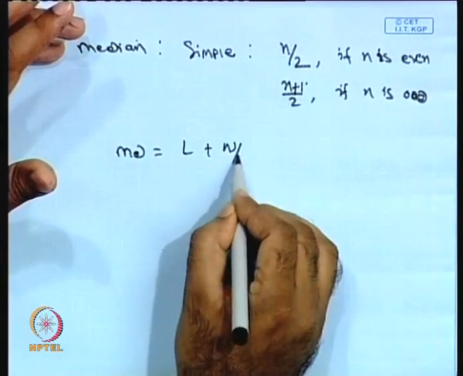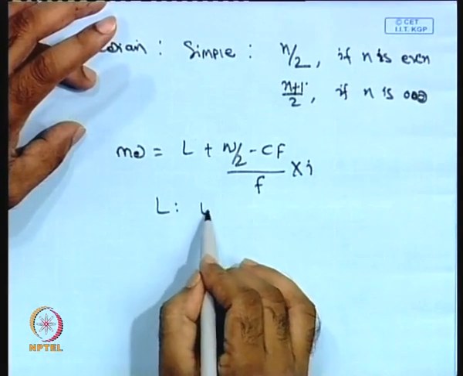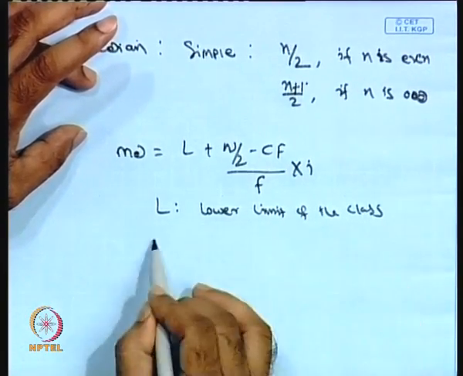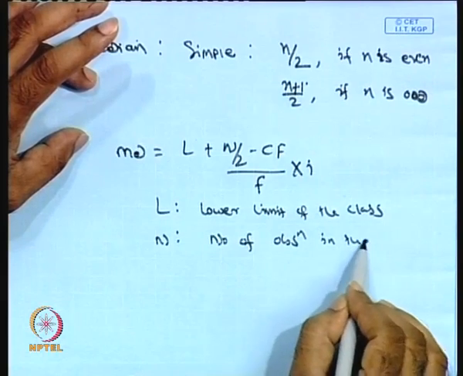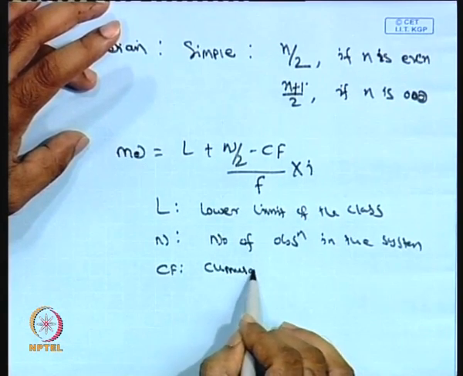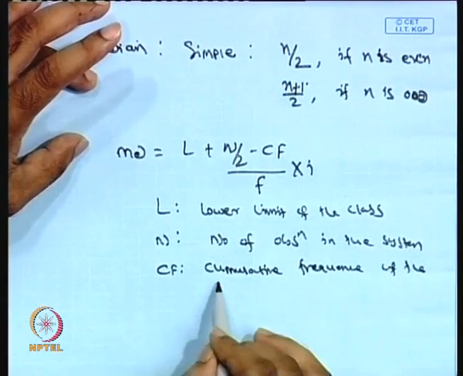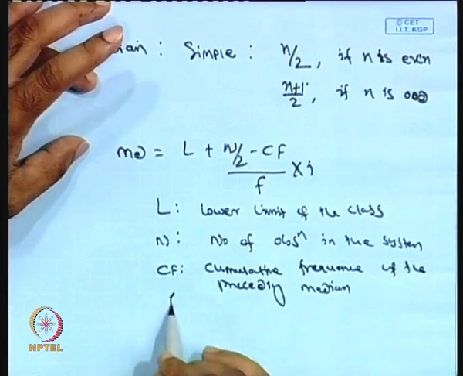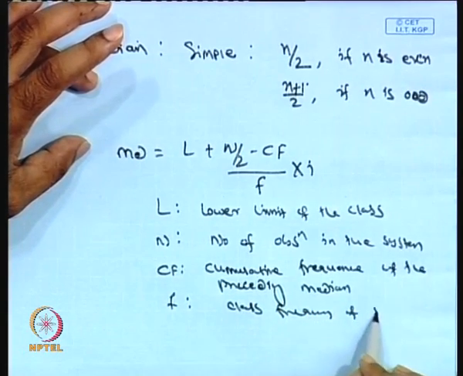L plus (n by 2 minus Cf) by f into i. L represents the lower limit of the class, n represents the number of observations in the system, Cf represents the cumulative frequency of the class preceding the median class, f represents the class frequency of the median class.